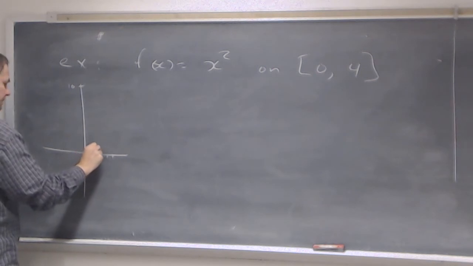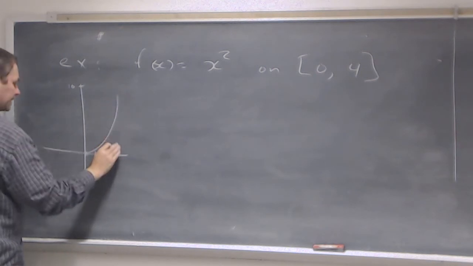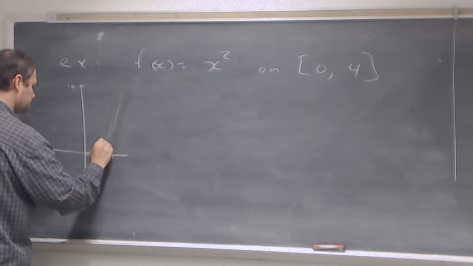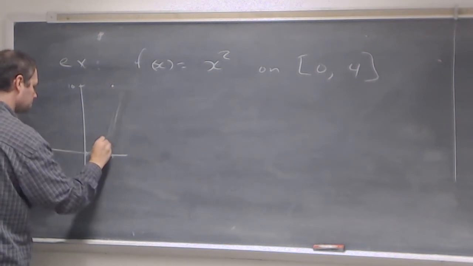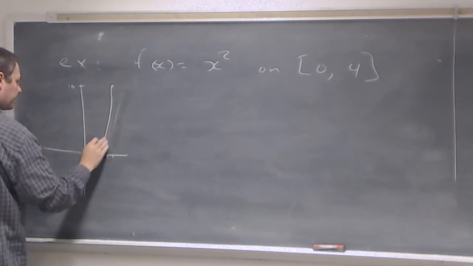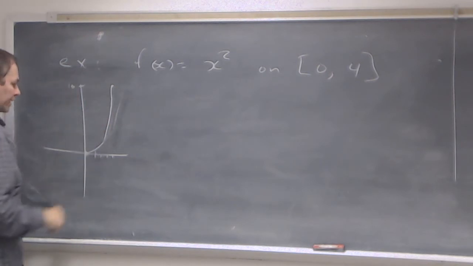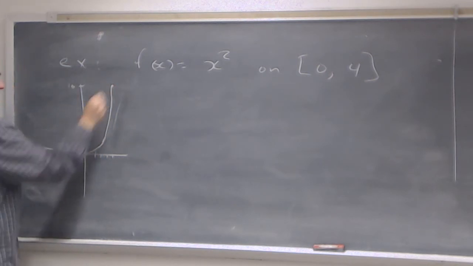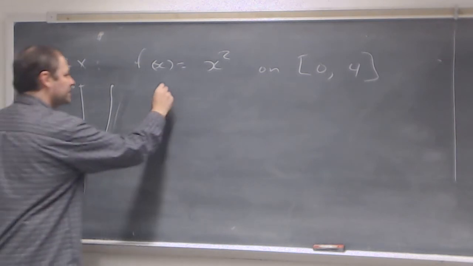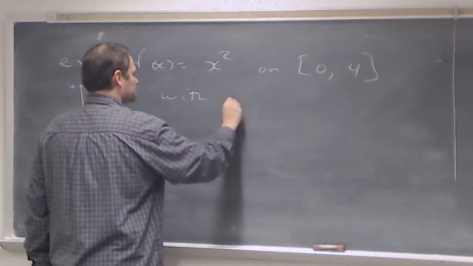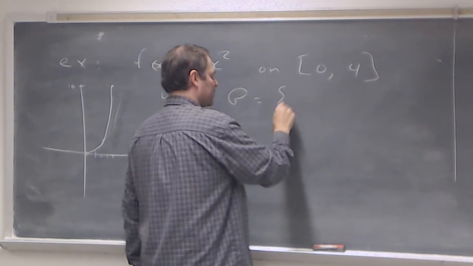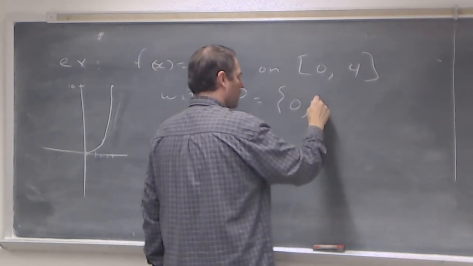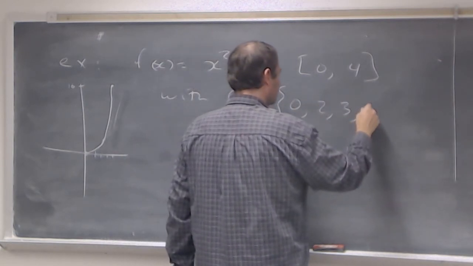I didn't draw it very well, let's try again. You notice the curve going up. Then let's have a small partition: 0, 2, 3, and then 4.